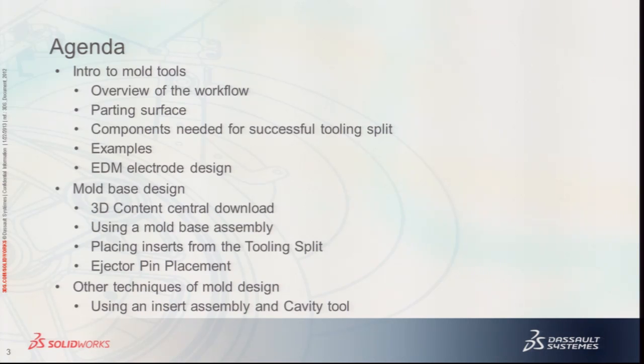Towards the end, we'll take it to the next step and work in assembly mode and do mold base design. And if we have time, which there's a good chance we will, we'll get into some other techniques of mold design using the cavity tool in an assembly.